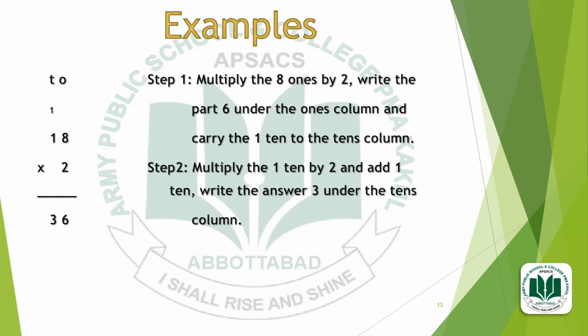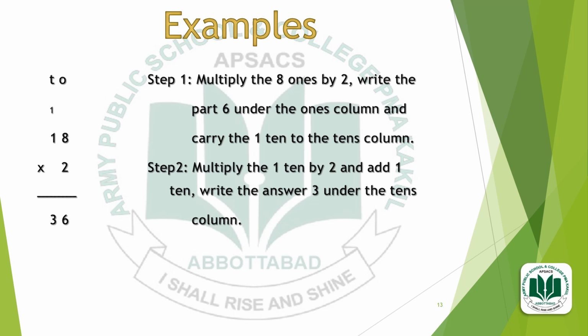Dear students, now I explain this topic with examples. In this example, you can see that there is a number 18 multiplied with 2. First of all, write down the place values at the top, and then we start to solve the question from the ones place. And the ones place digit is 8. 2 8s are 16. Don't write 16 under the ones column, only write the ones place digit, that is 6.